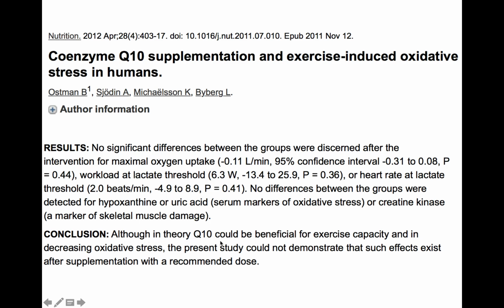So although in theory coenzyme Q could be beneficial for exercise capacity and decreasing oxidative stress, in this study and in several others, there is no difference with supplements. And that's the case for most supplements. Most supplements show that there's no difference in whatever they're trying to help.